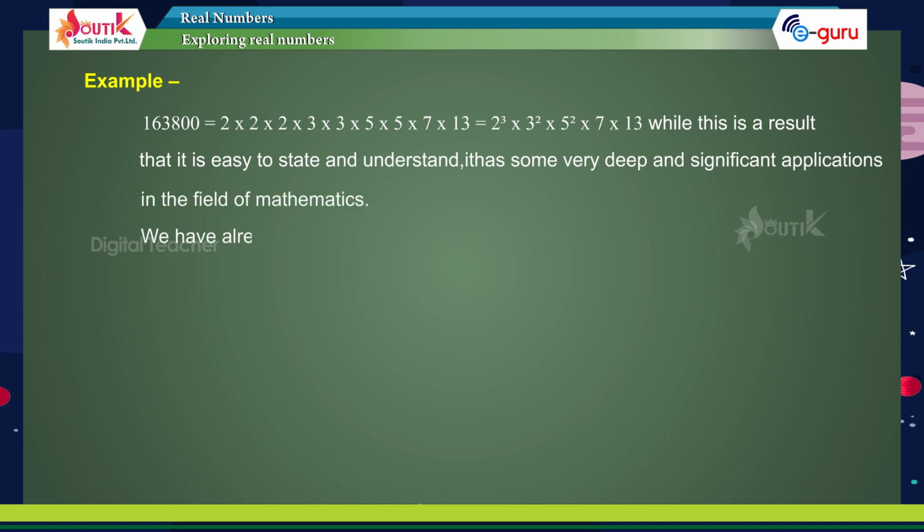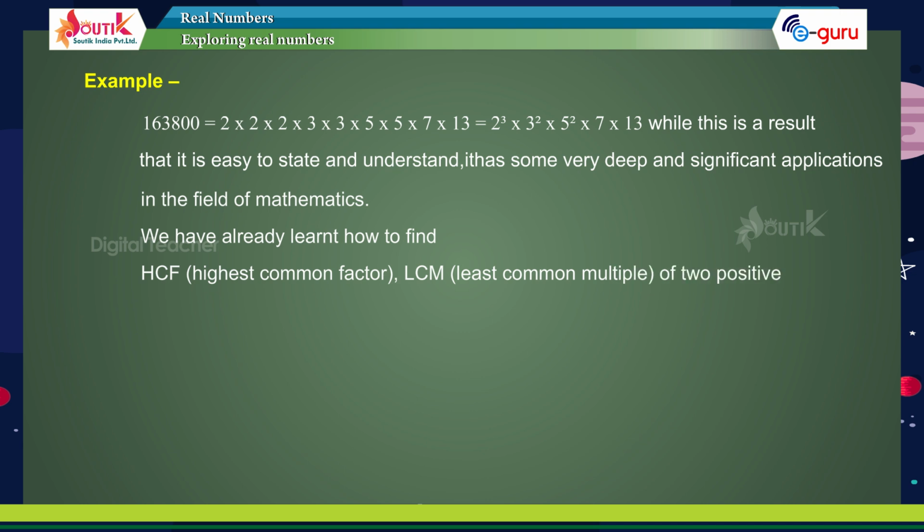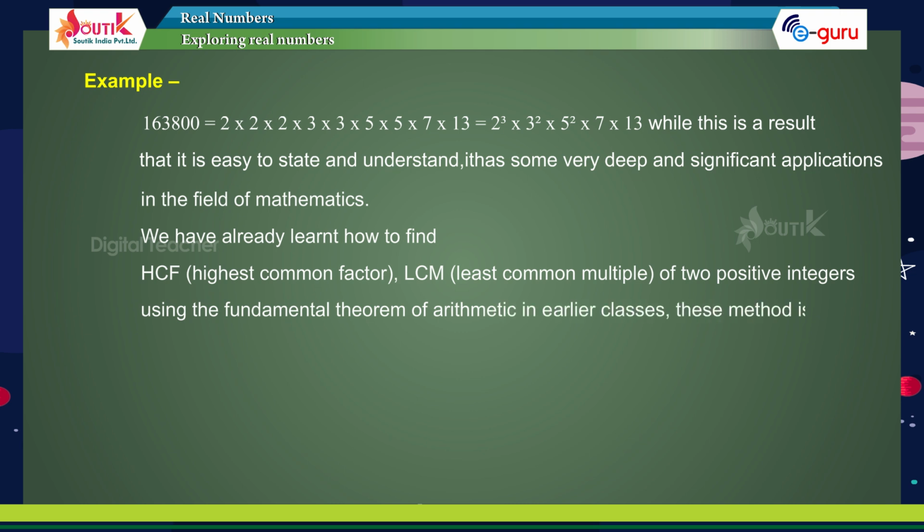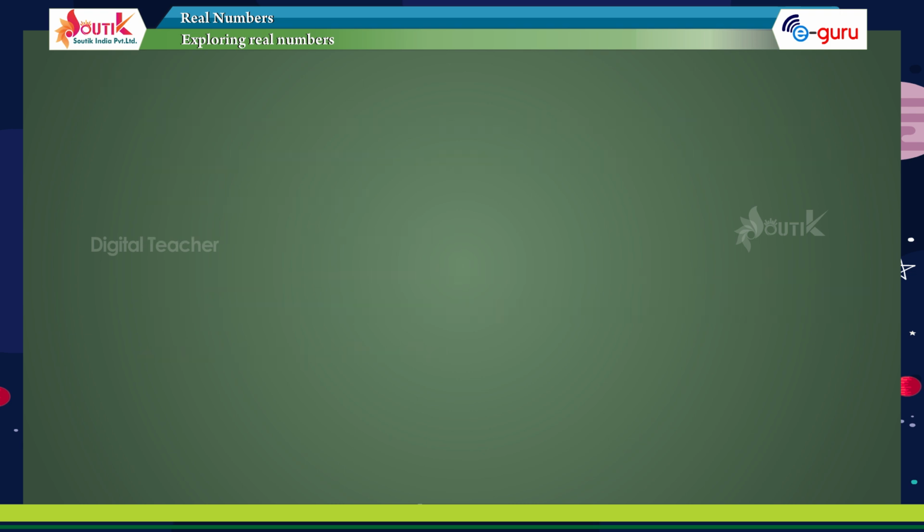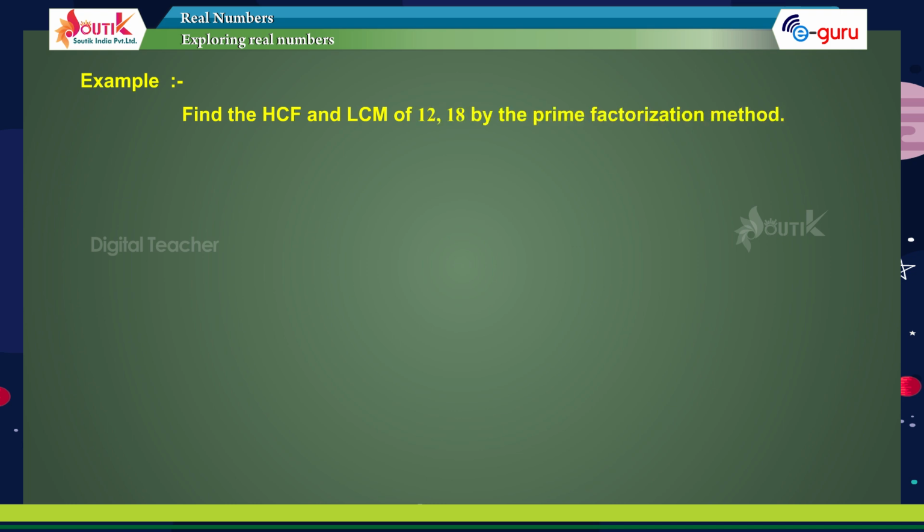We have already learned how to find HCF and LCM of two positive integers using the fundamental theorem of arithmetic in earlier classes. This method is also called the prime factorization method. Example: find the HCF and LCM of 12 and 18 by the prime factorization method.